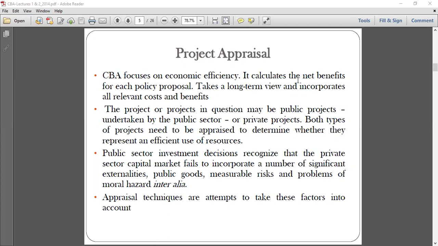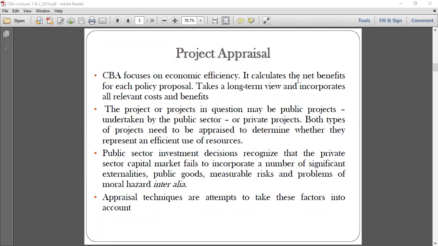Most of the time, projects take some time before they end, and the benefits too can go on for quite a number of years. So we think about all the future benefits and the future costs, not just the current benefit and cost.